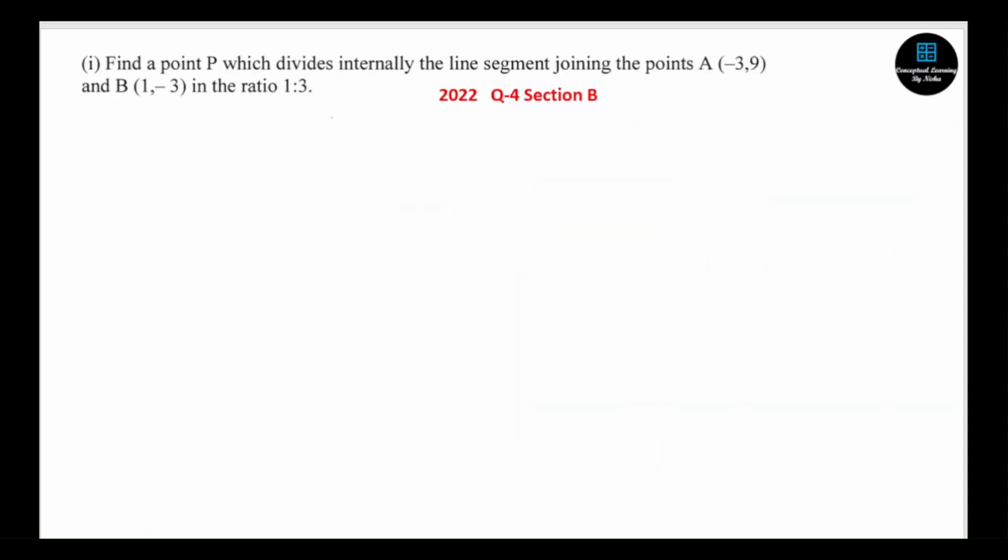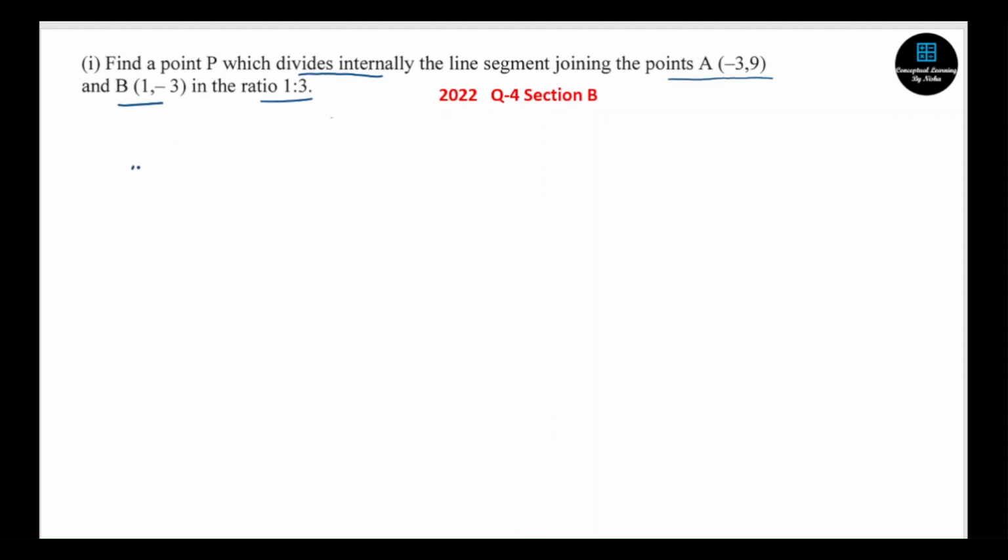Now the next question is from the 2022 paper, which is question 4 from section B. It is a 3 marker question. Alright. Now let's understand what they have given. Find a point P which divides internally the line segment joining points A and B in the ratio 1:3.